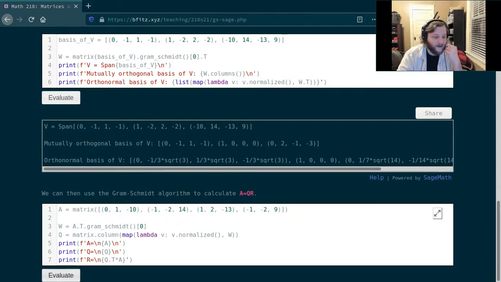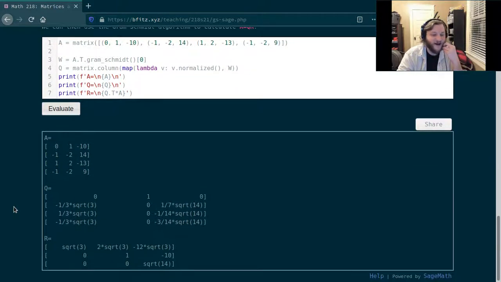If I click evaluate, this will use Gram-Schmidt to give us a QR factorization. Here A is this 4x3 matrix, and I've used the Gram-Schmidt algorithm to factor A as Q times R. This is the same example from the end of the lesson, so you can use this calculation to check that I said everything correct in the lesson. If you have A and you want Q times R, this code should help.